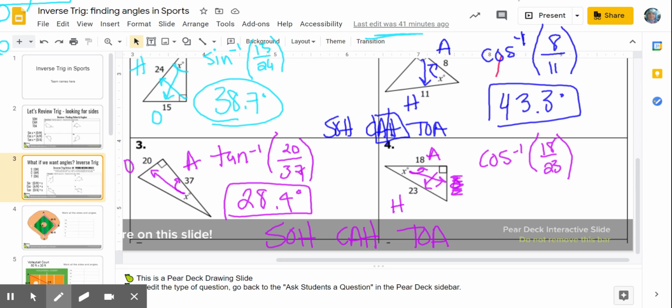And that's definitely a hazard of programming. You got to make sure you're programming correctly. Anybody else get 38.5 for number 4? Awesome. Any questions on those?